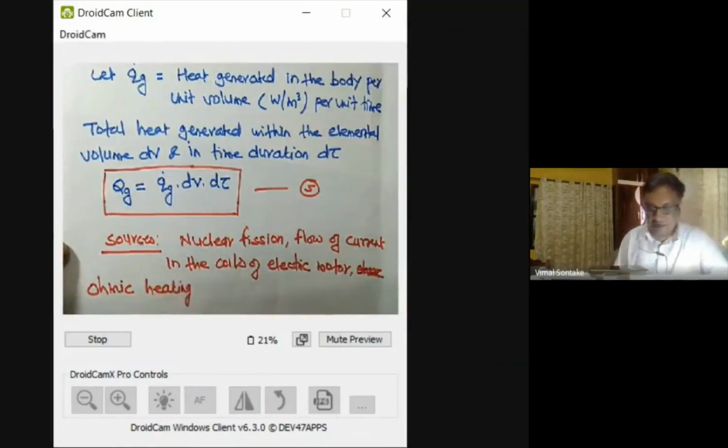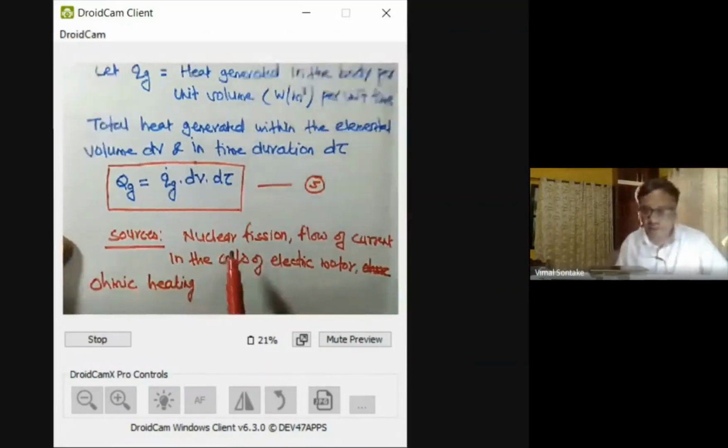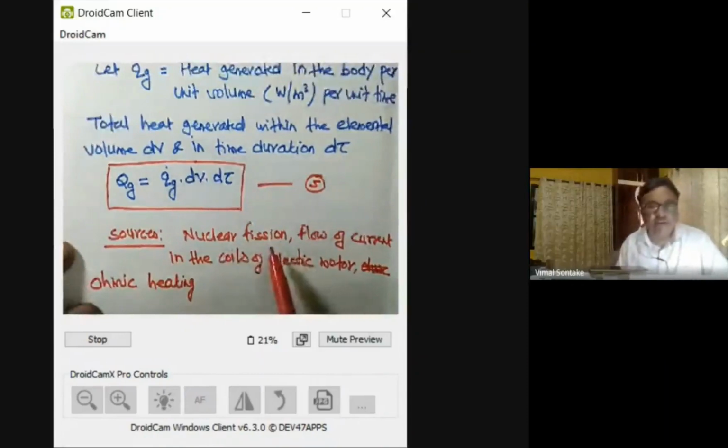Now, nuclear fission reaction is clear to you, that gives generation of heat. You have also seen the electric motor gets automatically heated. That means some heat is generated within the electric motor, and that takes place due to flow of current, because electric current is flowing through the motor, and from the Joule's effect, current also produces heat in the electric motor, in the transformers, in the electronic equipments.